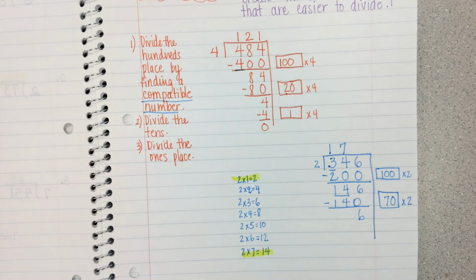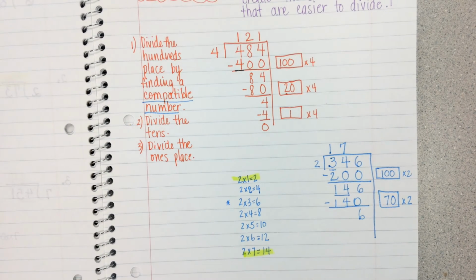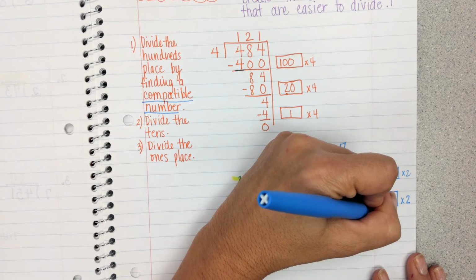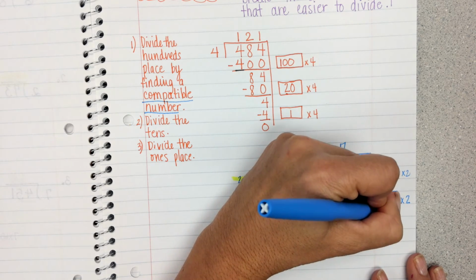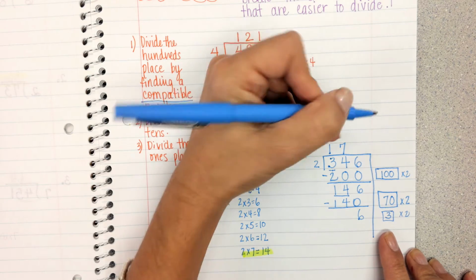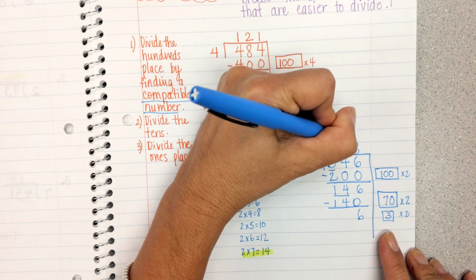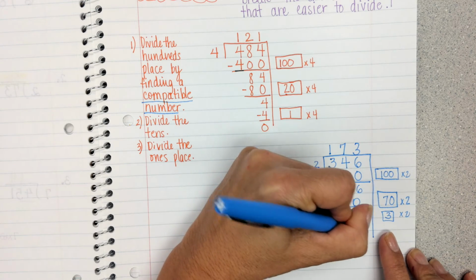Okay, we just have 6 left. And there it is. 2 times 3 equals 6. So I put 3 here in this box. 3 times 2 equals 6. Subtract.